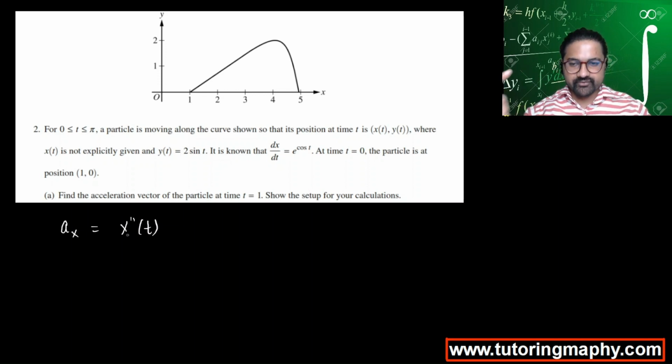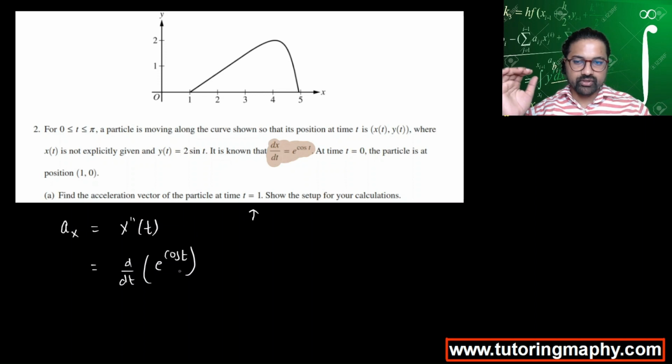The single derivative is the velocity and the double derivative is the acceleration. So it's double derivative. Fortunately, we are already given the first derivative of x, which is e raised to cos t. So our aim is to find the derivative of e raised to cos t once again. So we are looking for d over dt of e raised to cos t, and that too we need that value at t equal to 1, right? So we need this at t equal to 1.